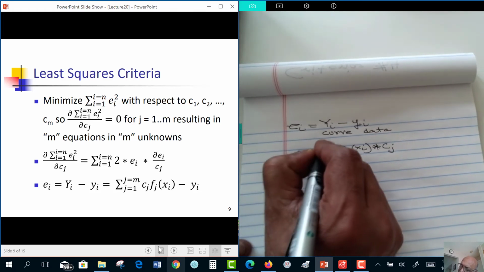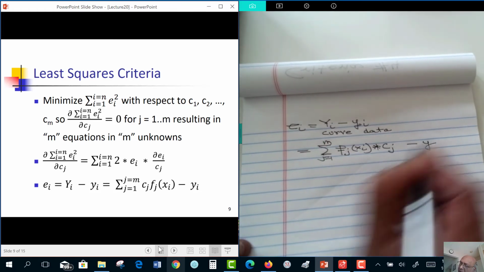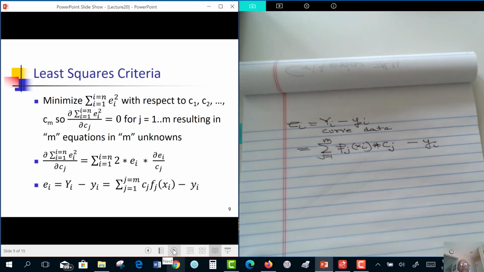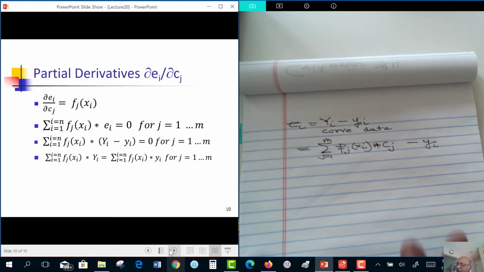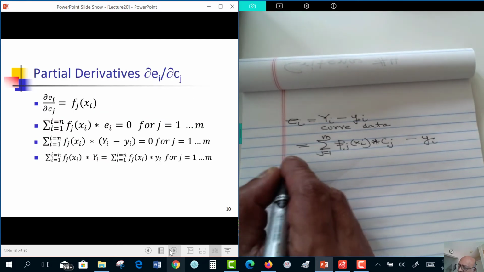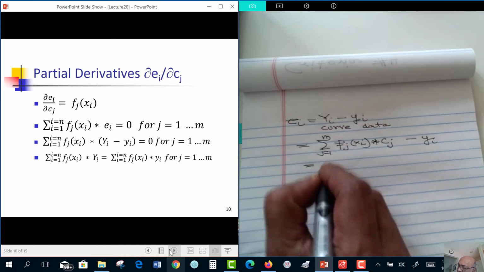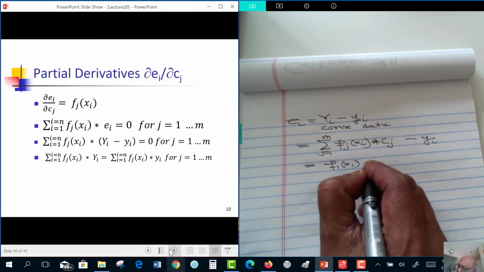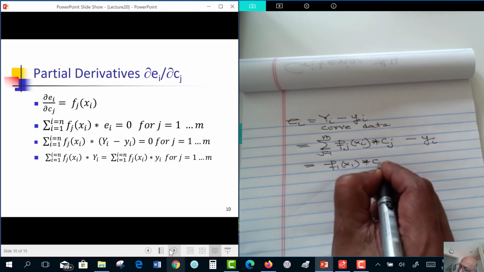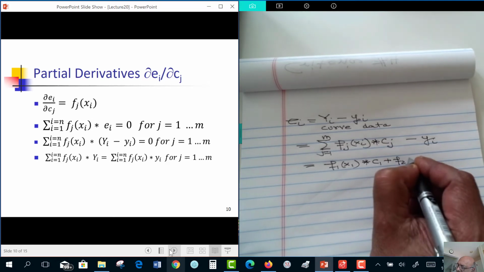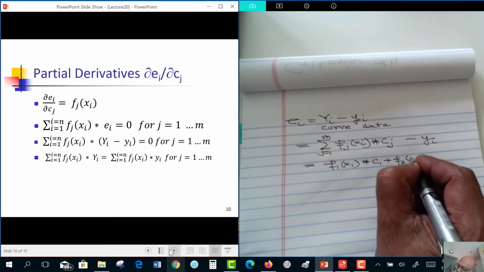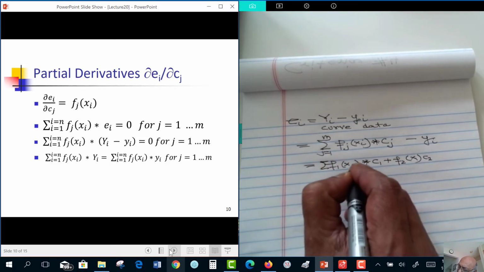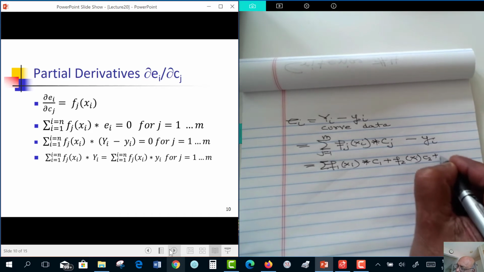So we are summing up m terms minus yi, right? So now let's take derivative. Let's see what derivative looks like. So this one, remember, would look like f1 of x1 times c1 plus f2 of x1 times c2 and so on and so forth, right? So that's what it is. We can make these i's.